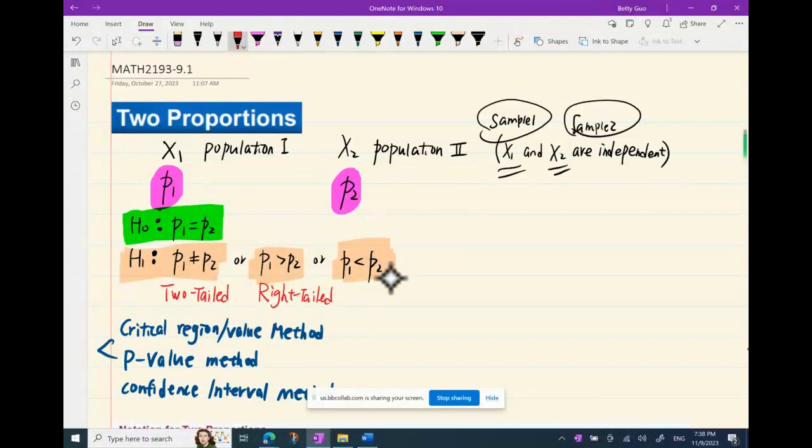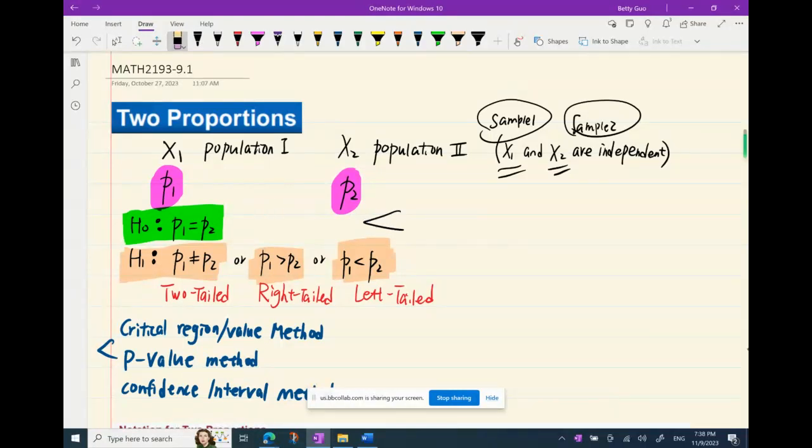If the alternative is P1 less than P2, then the test is left-tailed. It's consistent with what we learned in the previous chapter: right-tailed corresponds to the inequality symbol bigger than, and left-tailed corresponds to less than.